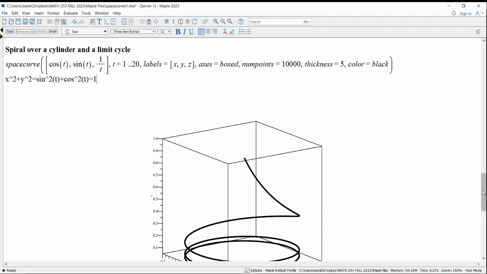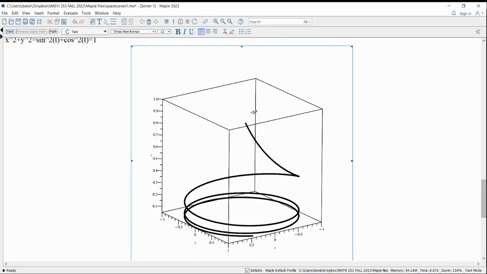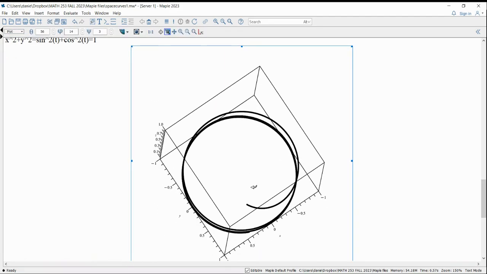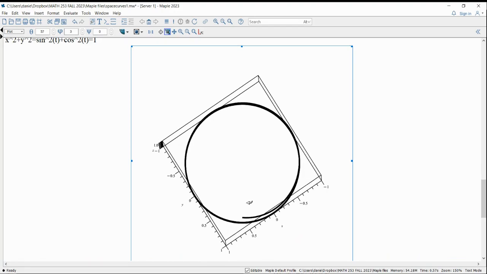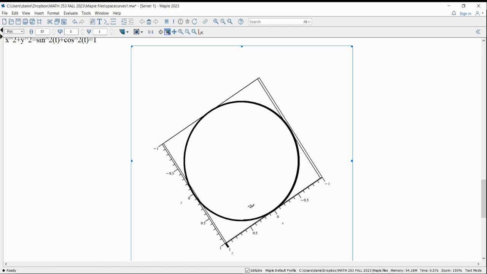And then z goes to 0, because as t increases, z goes to 0. Therefore, you have a spiraling motion. If you see it from above, you basically hide the z coordinate and just see the variation of x and y, which is on a full circle.